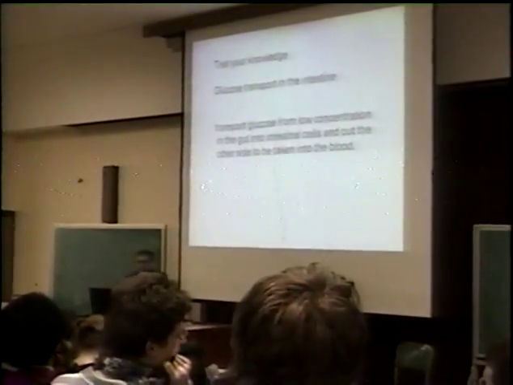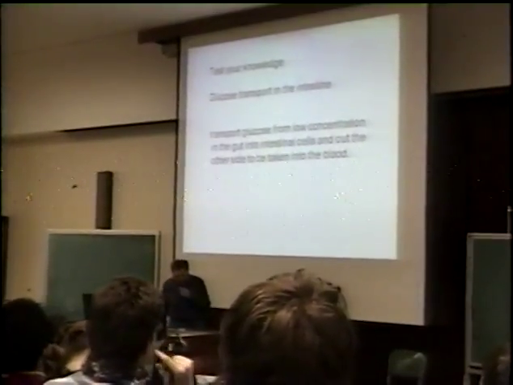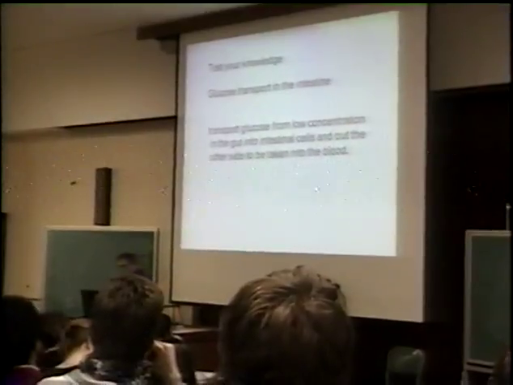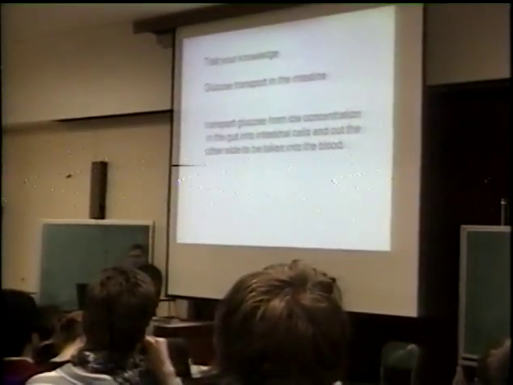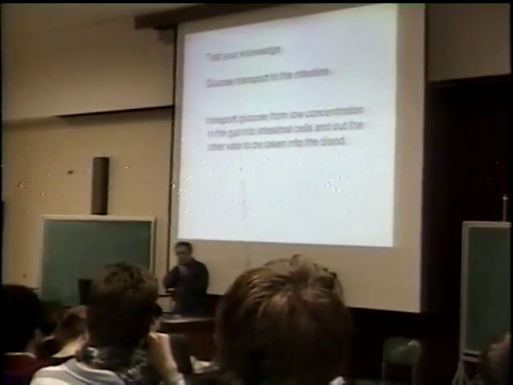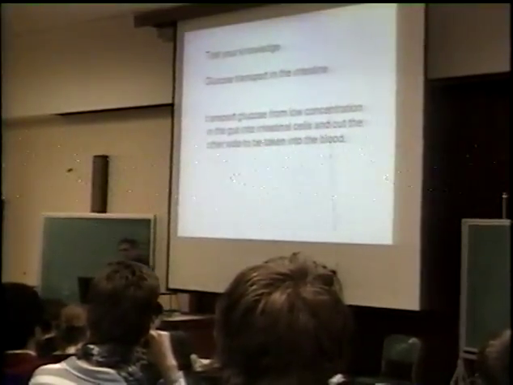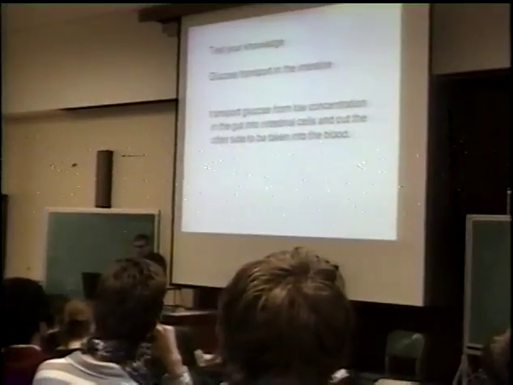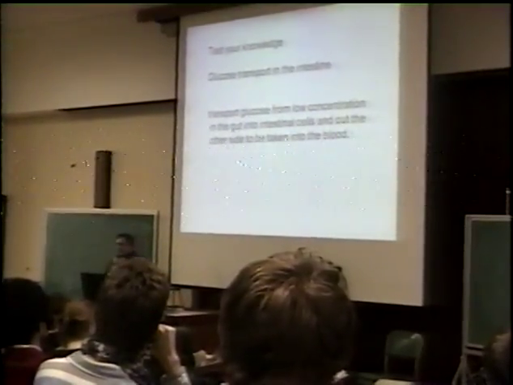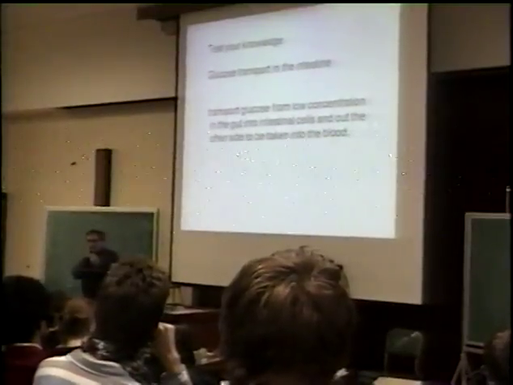So, I'd like to have you test your knowledge and look at glucose transport in the intestine. Glucose is transported from low concentration in the gut into the intestinal cells and out the other side where it's taken up into the blood. So could you develop a model which permits glucose to be transported through intestinal cells?